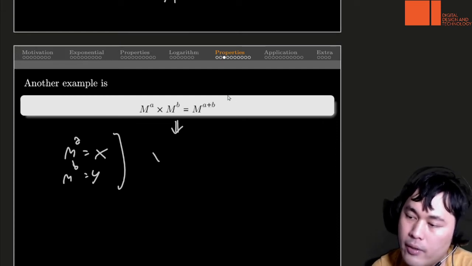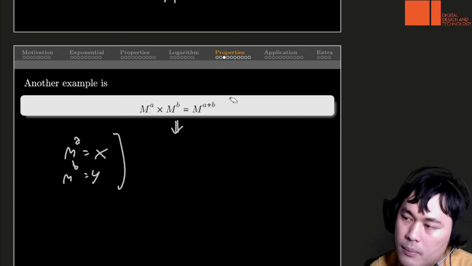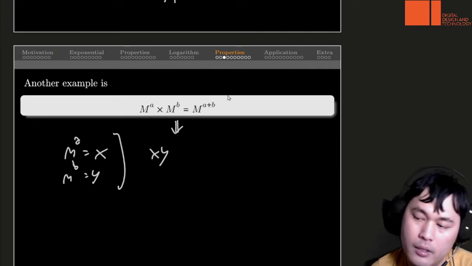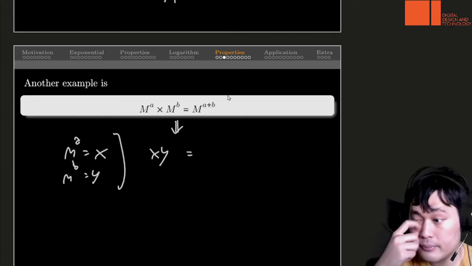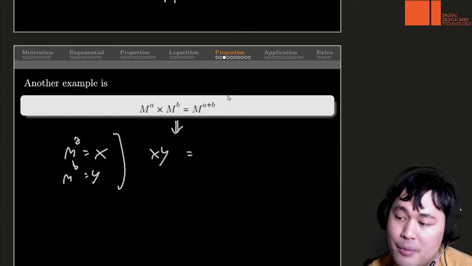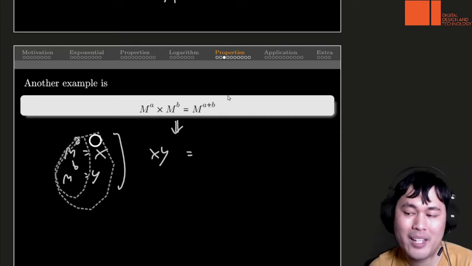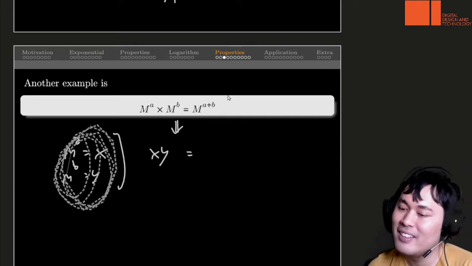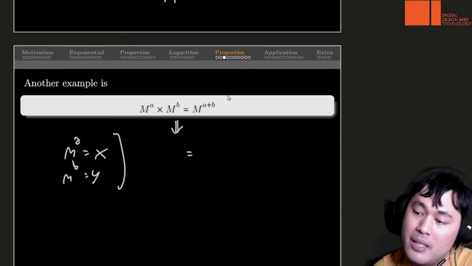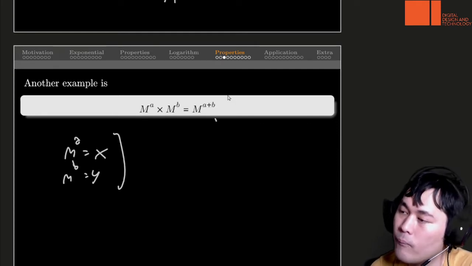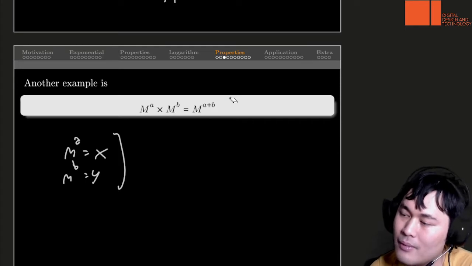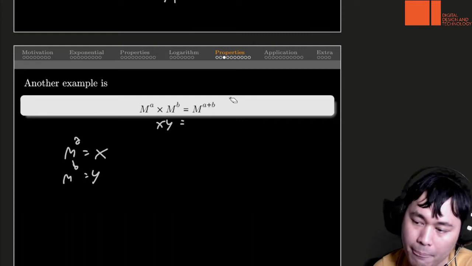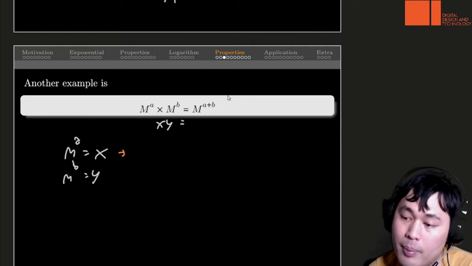So we have x times y on the left. And then what about the right? It's a plus b. But how do you get a plus b from here? Maybe you can get a if you apply the logarithm function to x.